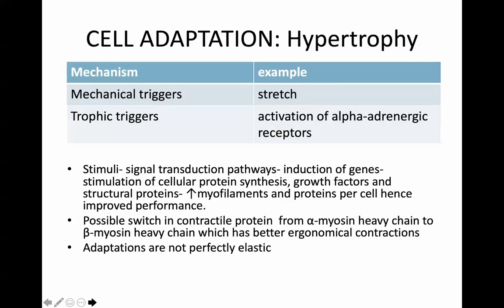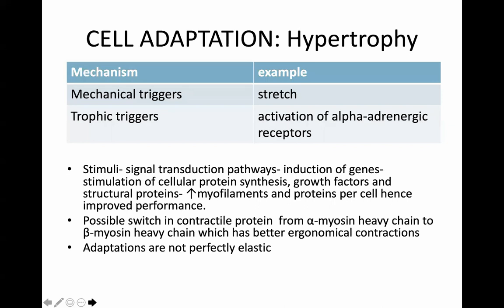Now, hypertrophy is an increase in the size of cells, resulting in an increase in the size of the organ. Please note this because these are subtle differences that you'll find between the ways cells adapt. Hypertrophy is an increase in the size of the cell.